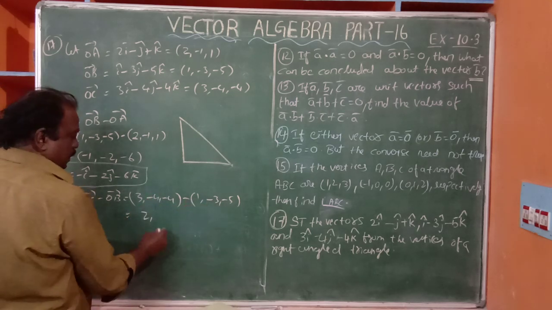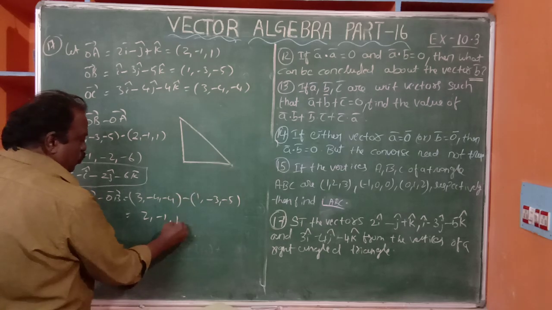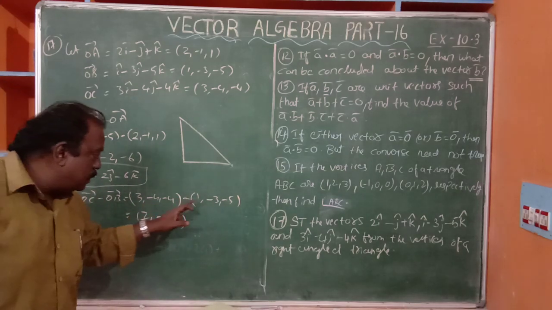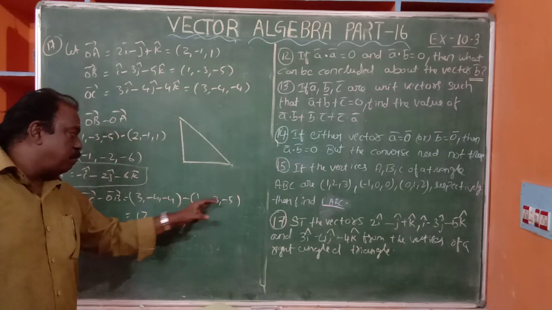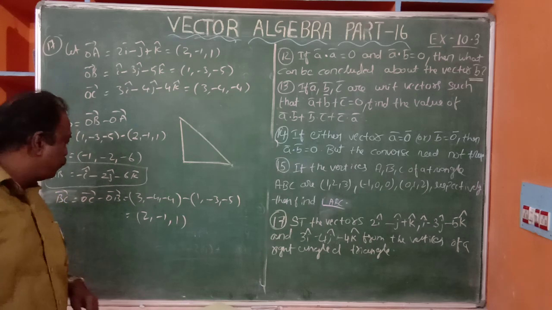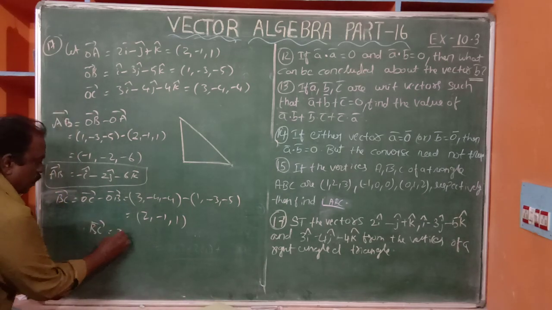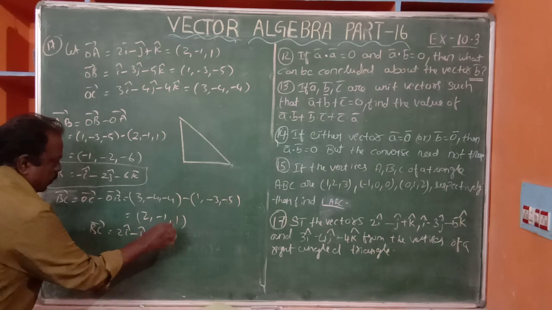Minus 4 plus 3 is minus 1. Minus 4 plus 5 is 1. Be careful. Minus 4 minus of minus 3, minus 4 plus 3 is minus 1. So BC bar is 2i minus j plus k.